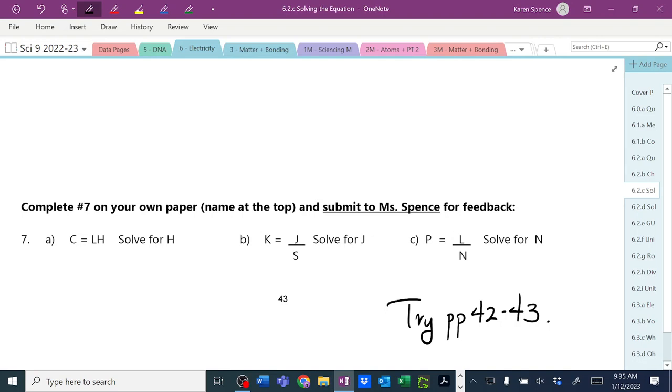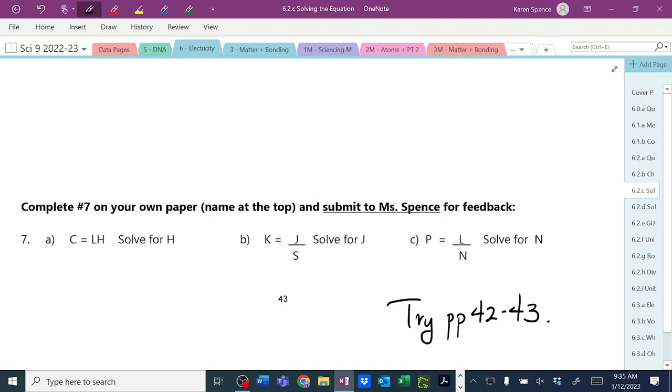We're gonna learn. Okay. So let's solve for H. That means you want H on the top. Is it on the top? Is there anything on the bottom? No. So it's on the top. Okay. We want it by itself.